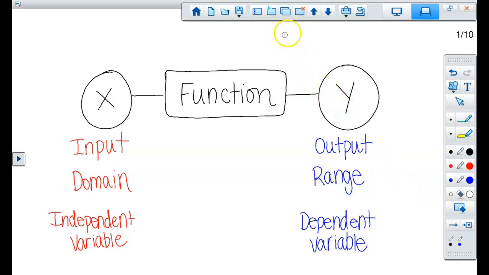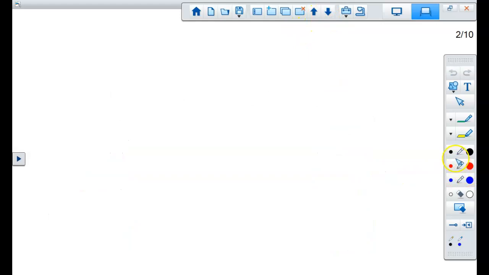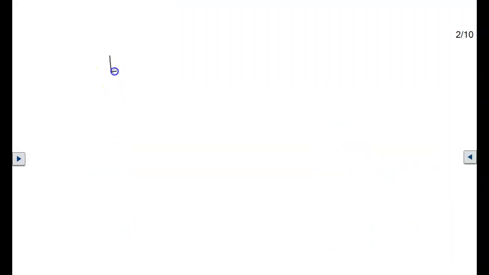Now, one of the things that he also talked about in this video that is pretty important, that I want to make sure you understand, is limitations on a function. That limitation that he talked about is one of the most important things. Okay?